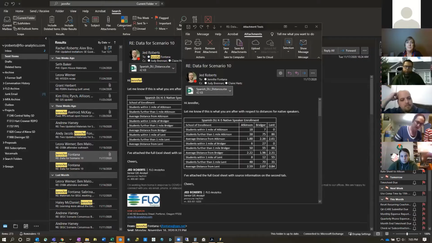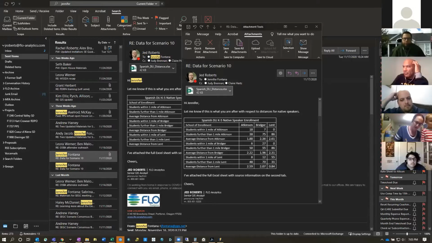You said 28 that live in the Atkinson boundary or within 1 mile of Atkinson, for grades K-5? And then 27 for Bridger. That's for all of K-5? 27 to 28? Just pulling it up.